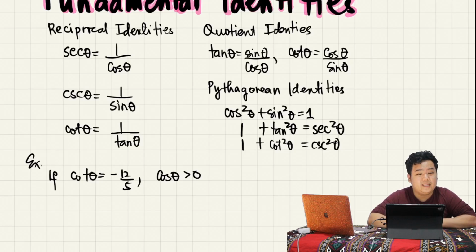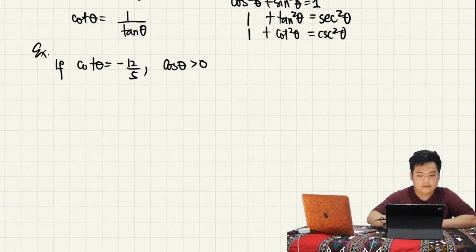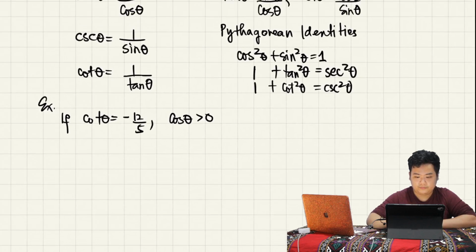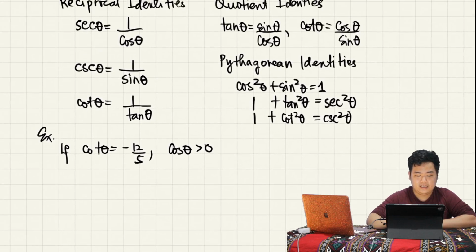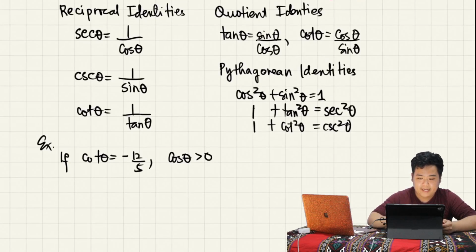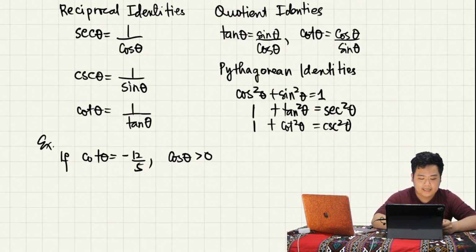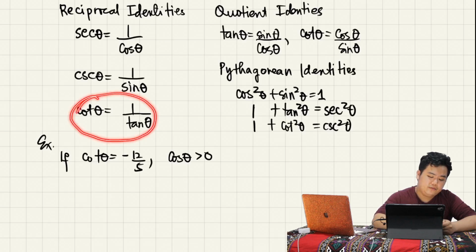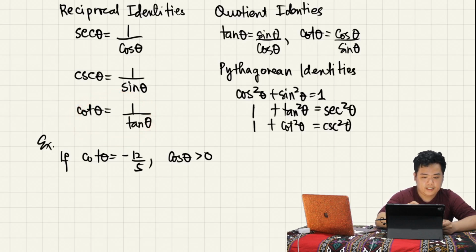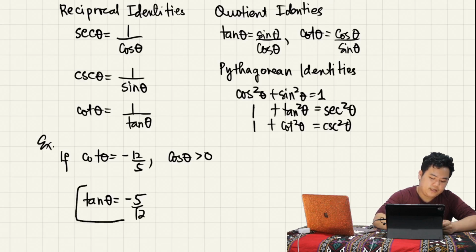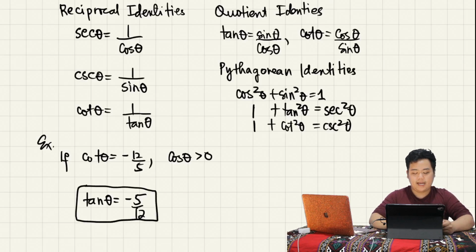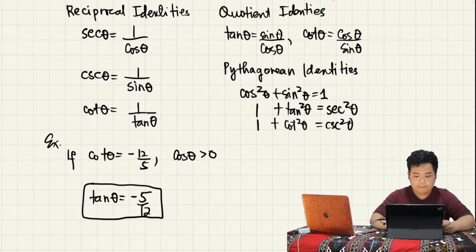Pero ang goal natin for this video is to be able to use the fundamental identities. Okay, so ang una nating mahanap ay pinakamadali, tangent, kasi reciprocal of cotangent is tangent. So, tangent theta is negative 5 over 12.